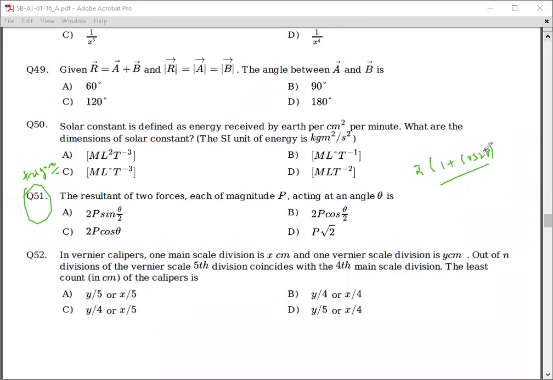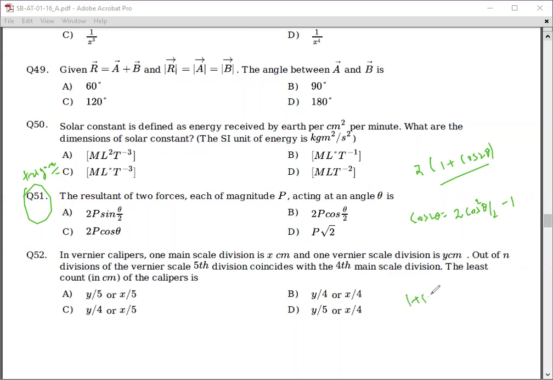Two cos square theta by 2, right? Yes or no? Tell me. We know that cos 2 theta is equal to 2 cos square theta by 2 minus 1, right?